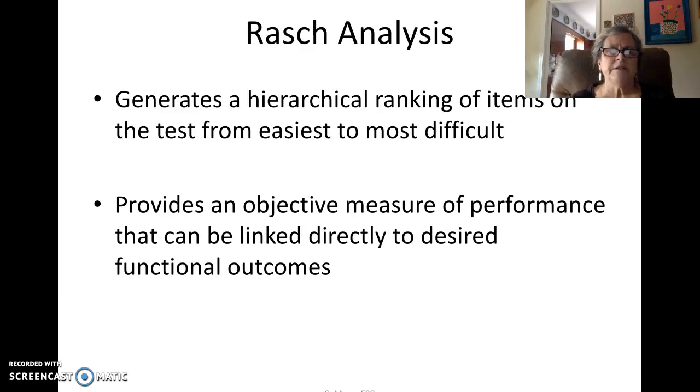So the Rasch analysis is a fancy statistical way of looking at individual items on a test and seeing which ones best measure the outcomes that you're trying to look at.